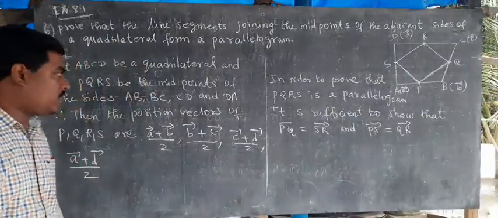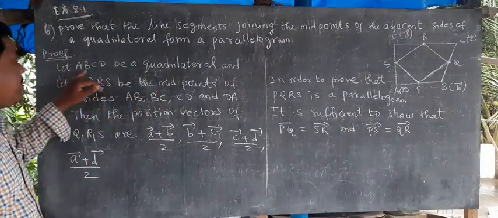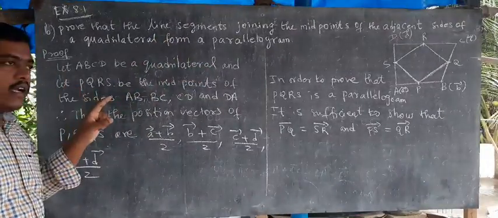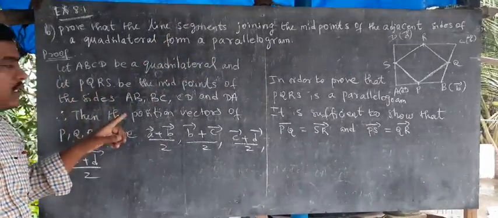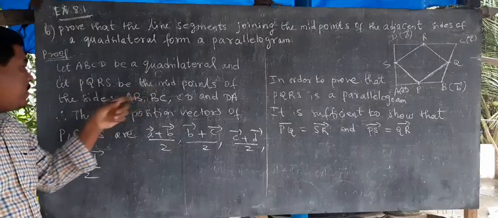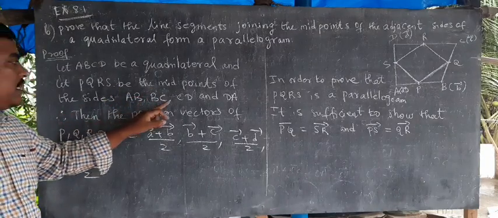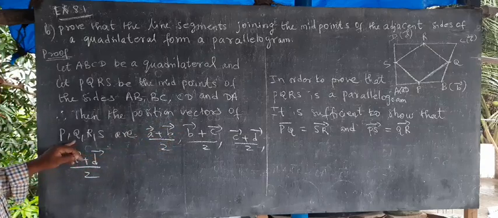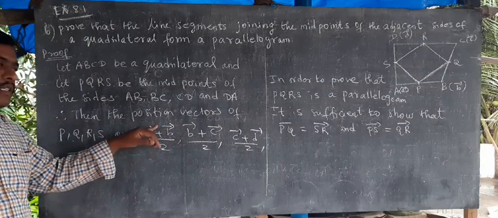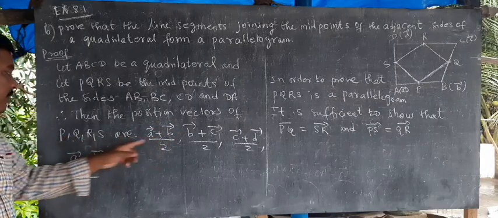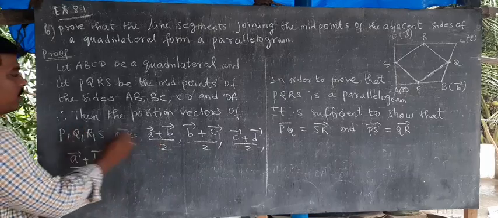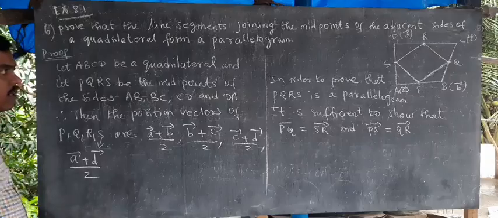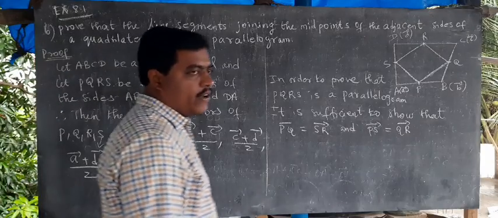Let ABCD be a quadrilateral given in the question. In that quadrilateral, we need the midpoints. Let P, Q, R, S be the midpoints of the sides AB, BC, CD and DA. Then the position vectors of P, Q, R, S are A vector plus B vector by 2 for P, this one for Q, this one for R. Then, what do we need to prove?